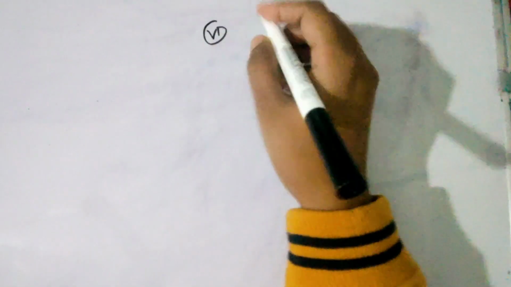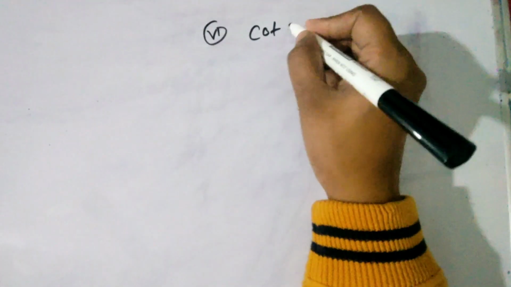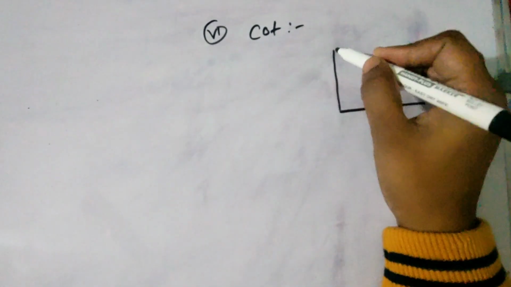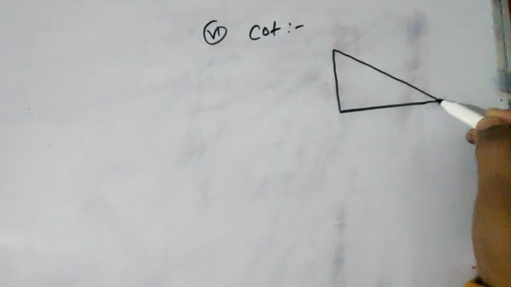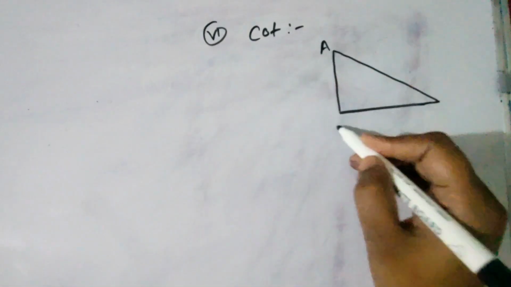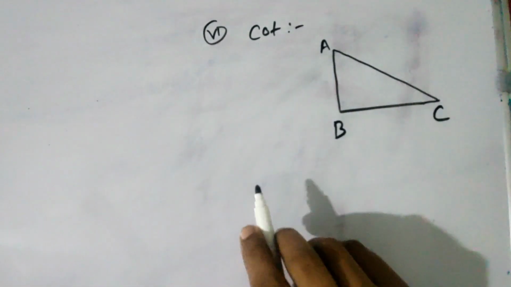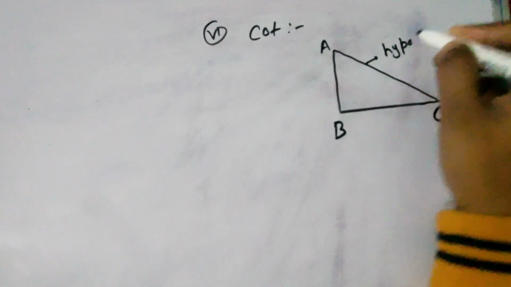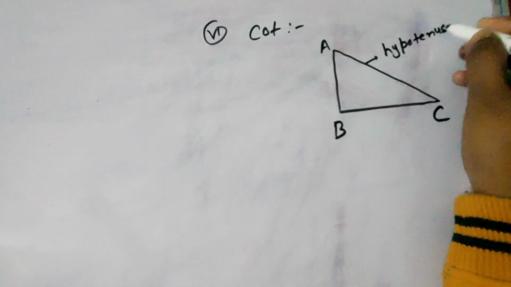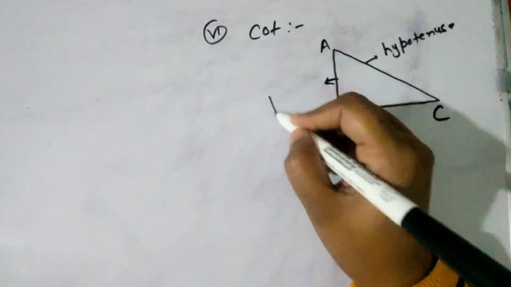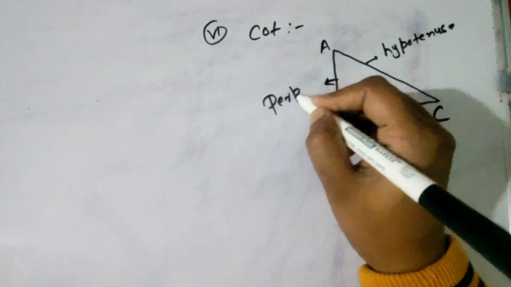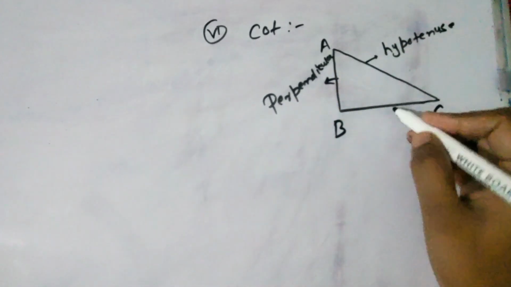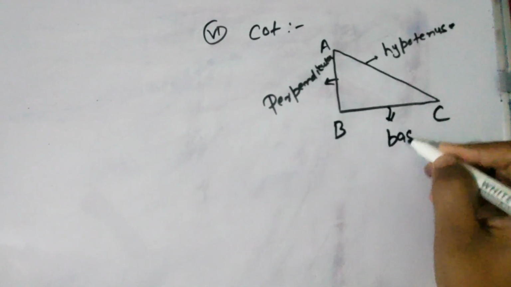Then next go for cot. Sixth number is cot. Again, draw one triangle A B C. This is the hypotenuse, this is the perpendicular, and this is the base.